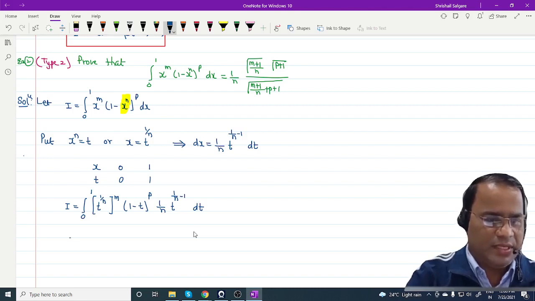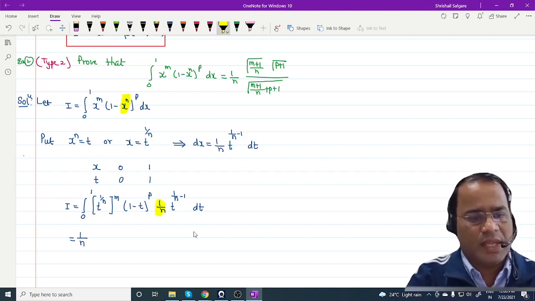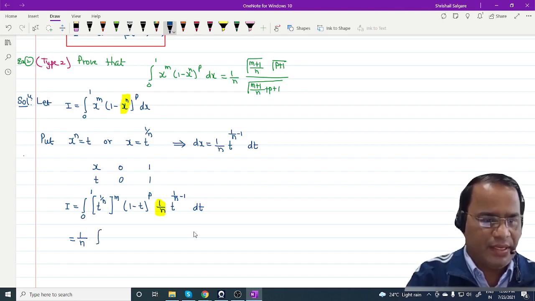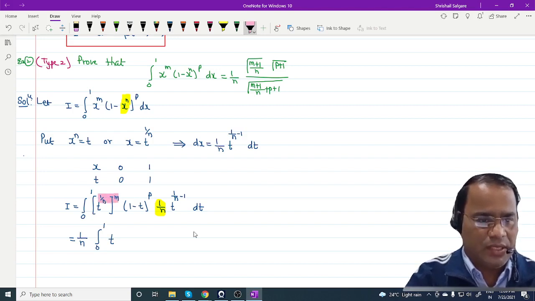So from this I will take 1 upon n outside, that can be taken outside the integral. Now for the remaining integral 0 to 1, first I will consider t to the power. What is the power? Here m by n.